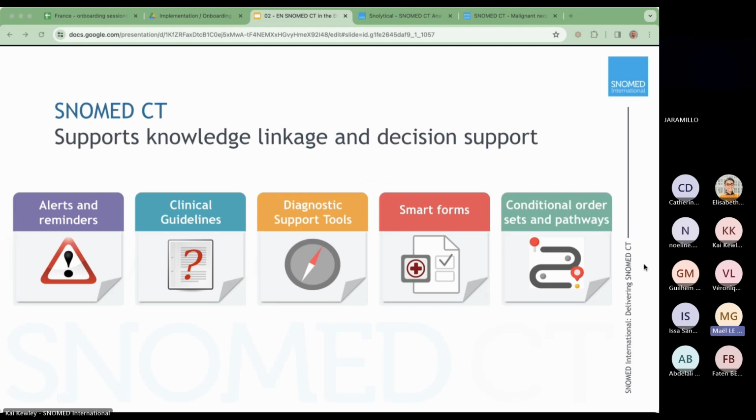There's many types of knowledge linkage and decision support facilities that can be supported by SNOMED using the knowledge graph. I'm going to skip the examples because we're very short on time. But typically, alerts and reminders can be presented when relevant disorders or conditions are recorded, and relevant clinical guidelines can be presented.